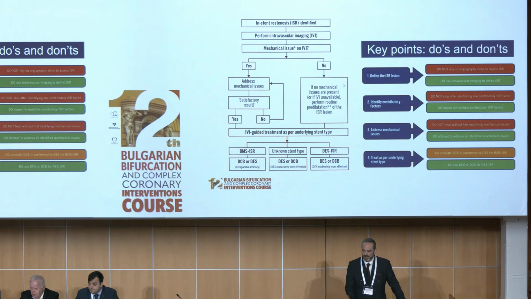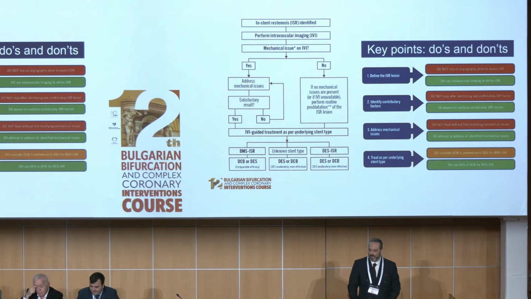If there is no mechanical issue, you should perform routine predilation. If there is a mechanical issue, you go to resolve this mechanical issue, and then try to identify the treatment for the underlying stent type.